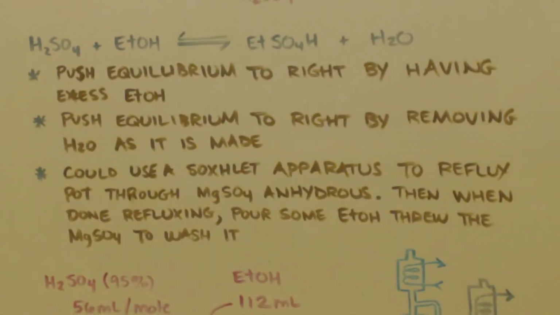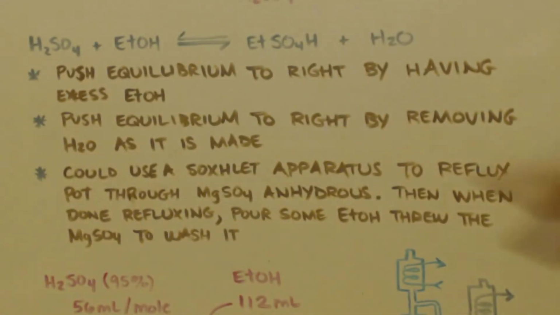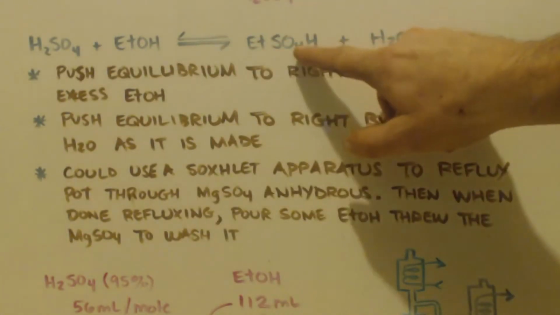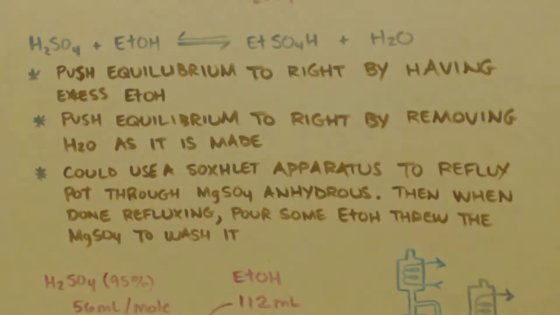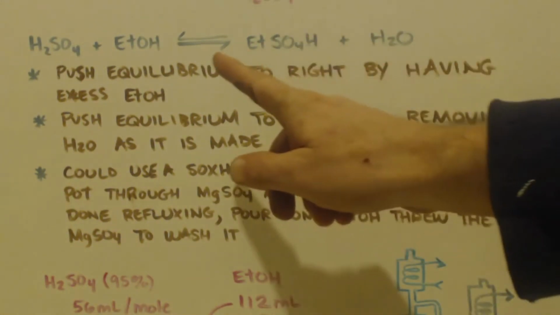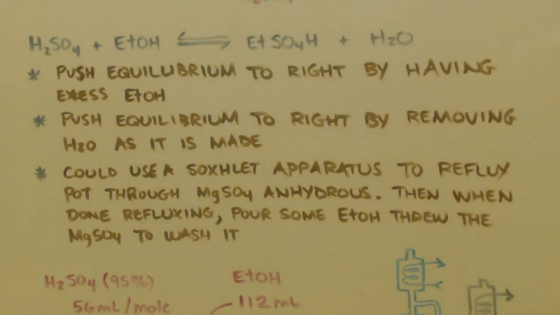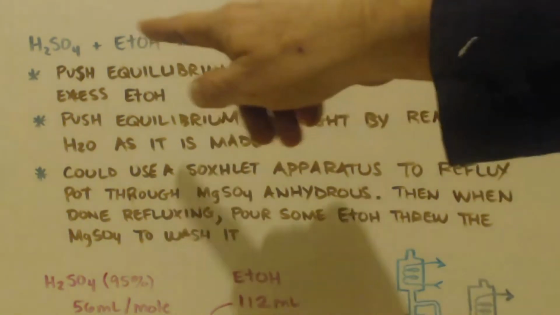Now before we get into how much I used, let me go over a couple things. Here's the equation again. Keep in mind, this is an equilibrium equation. So you can only make so much of this product before the equilibrium will stop it. How do you push the equilibrium to the right, over to here where you want it? One way is by having excess of one of these things over here.